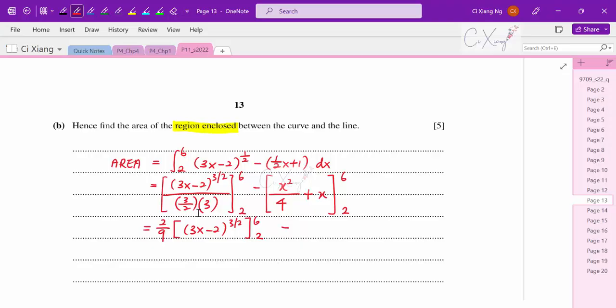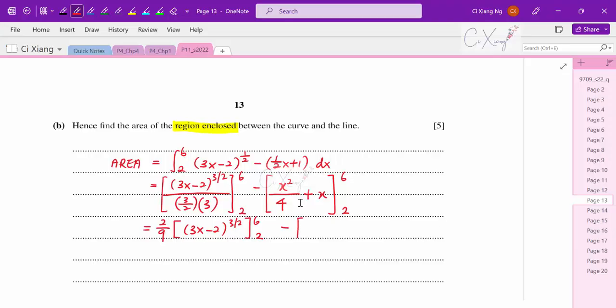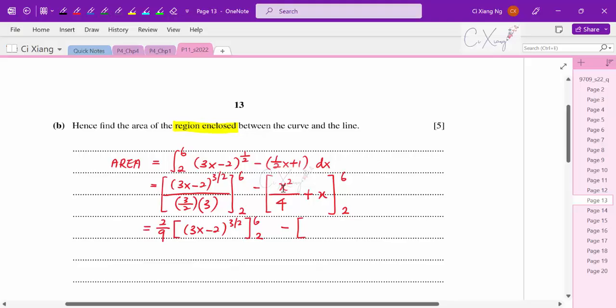Then minus, for this part, you can straight away substitute the values in. So 6 squared is 36, divided by 4 you have 9. So 9 plus 6, you get 15. Now you substitute the 2. 2 squared is 4, 4 divided by 4 is 1. So 1 plus 2 you get 3.